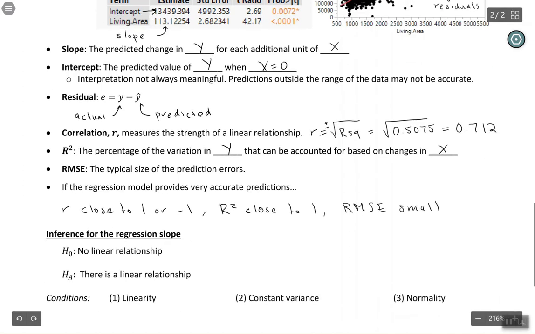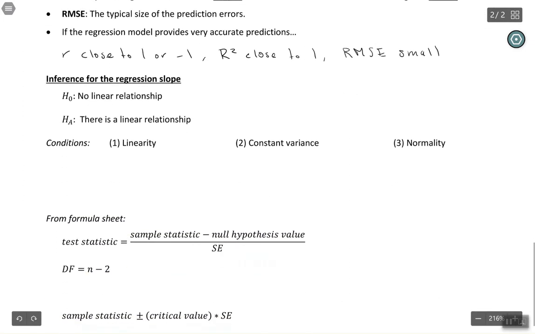Okay? So moving on to inference, the null hypothesis in this scenario is that there's no linear relationship between the variables. No linear relationship between the variables, we should say, in the population. Okay, so we're going to write this in terms of the population slope, in terms of beta 1. The null hypothesis says that the slope is 0, right?